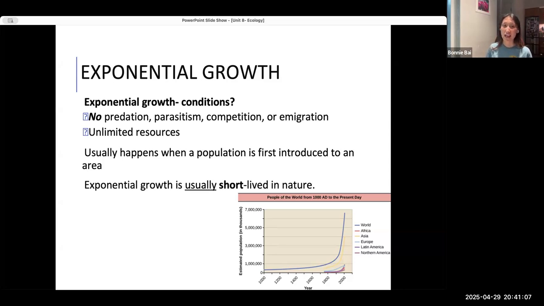In which case they can experience exponential growth, and it is a problem for all the native species of plants and animals. The factors: no predators, no parasites, not a lot of competition, no emigration. Everybody's staying here, everybody's living here. There's just hundreds and thousands of bunnies on an island kind of thing.